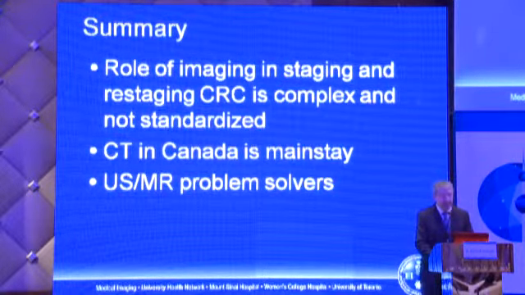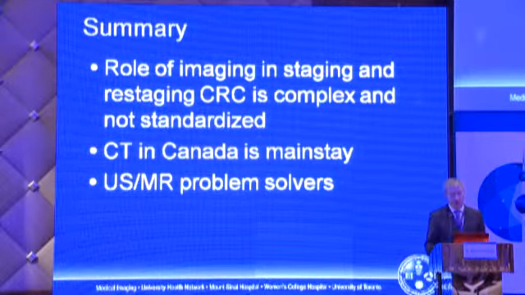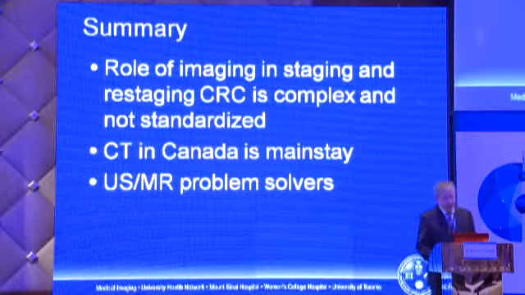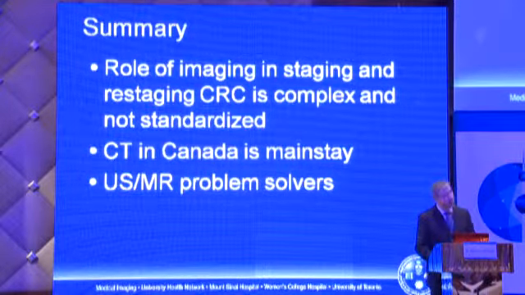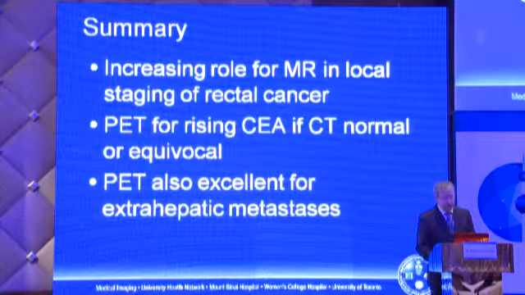So in summary, the role of imaging in staging and restaging of colorectal cancer is complex. It's not standardized. CT in Canada, at least, is the mainstay, and that's true for most parts of the world. We use ultrasound and MRI as problem solvers.